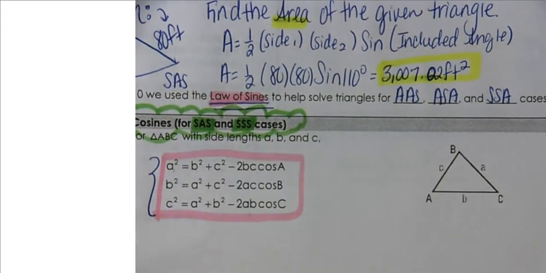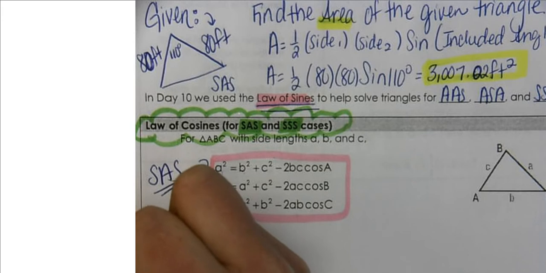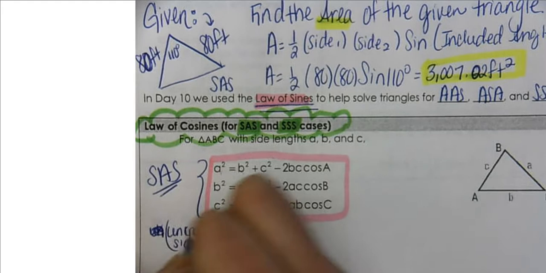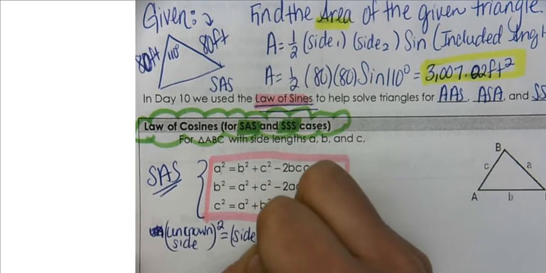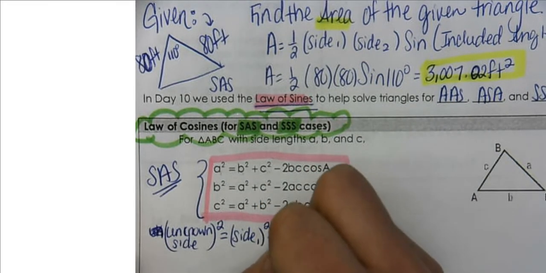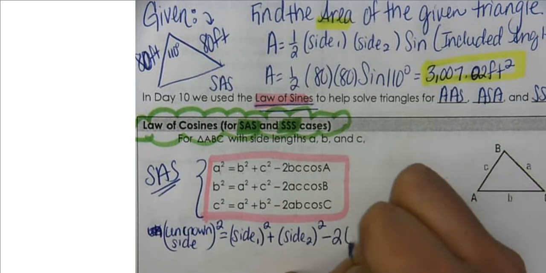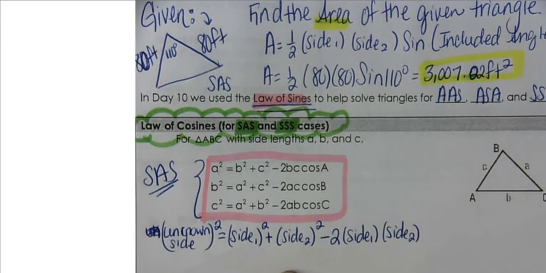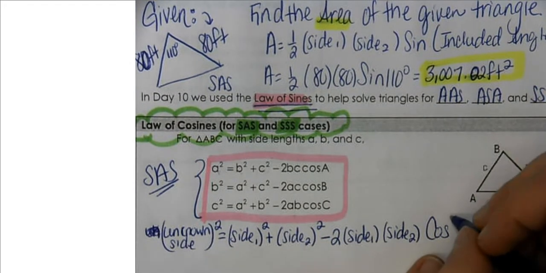So in words, essentially, if you have side, angle, side, this is your unknown side squared is equal to your other side, whatever other side that is, squared, plus the last side, we'll call it side 2, squared, minus 2 times the length of side 1 times the length of the other side, we'll call it side 2, times the cosine of your included angle.